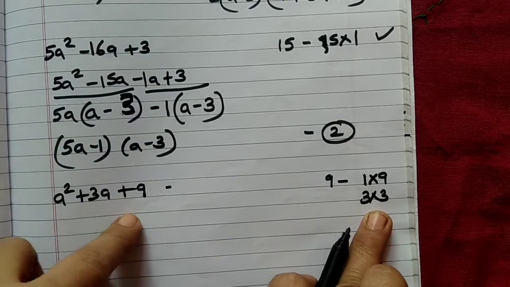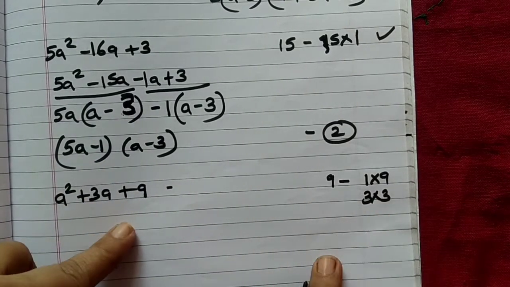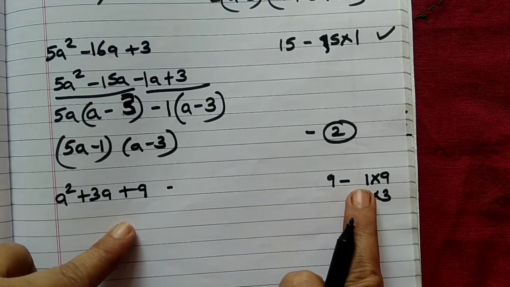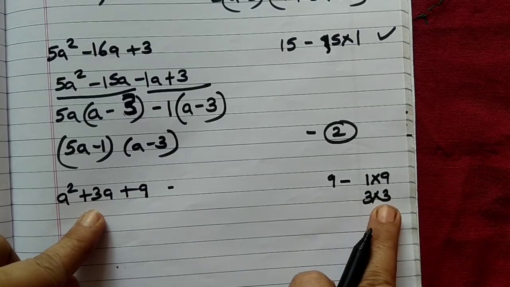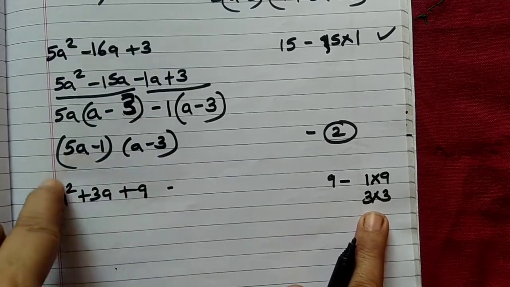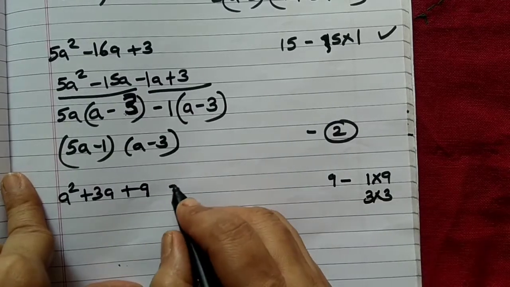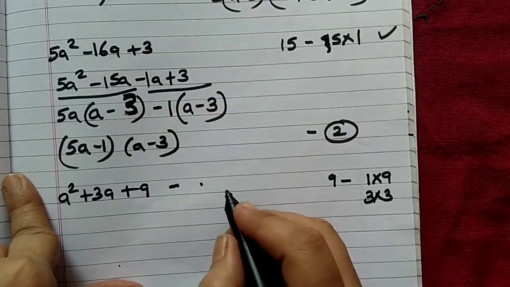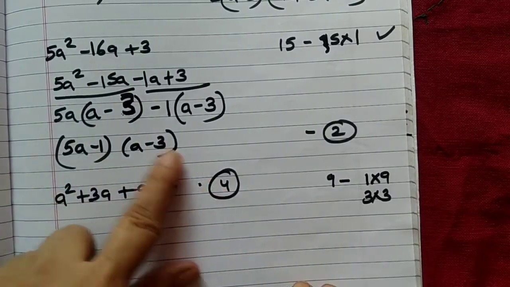Now see here there is plus 9 and there is plus 3, so both should have plus sign. If we take 9 and 1, add them, we get 10. And if we take 3 and 3, we get 6. So this we cannot factorize. We will not be able to factorize this, so we keep it as it is. This is equation number 4. We keep it as it is because we cannot factorize it.